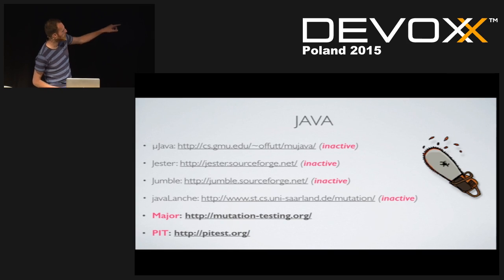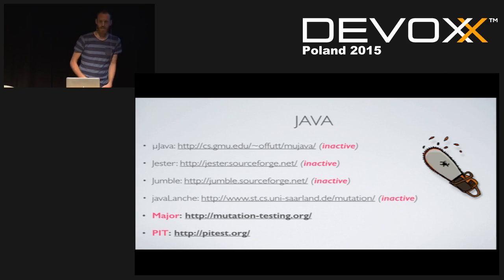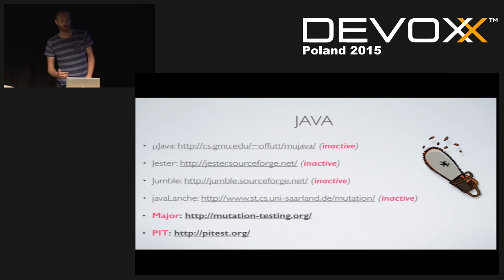There are two. The first is called Major, at mutationtesting.org, which is closed source, and PIT, pitest.org. The second one is absolutely my favorite, mainly because it's open source, it has much better documentation. Major just doesn't have that at the moment. So for the rest of the slides, I will talk about PIT and how you can use PIT in your project.